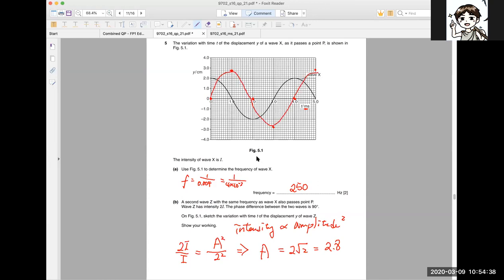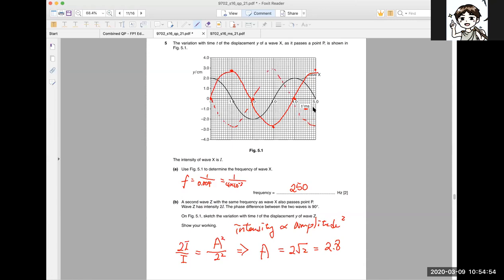Something like that, I can't draw better. Actually, there's another answer. If you turn it upside down, both answers are correct.